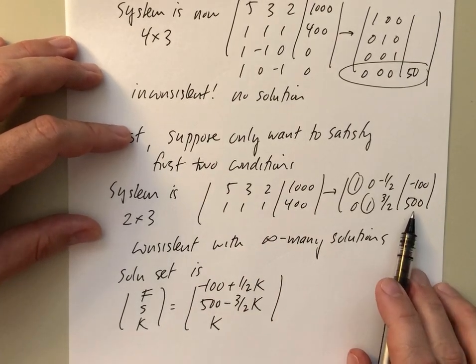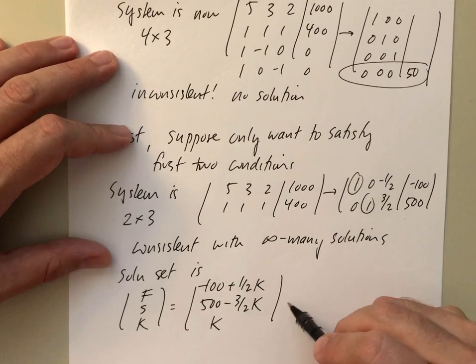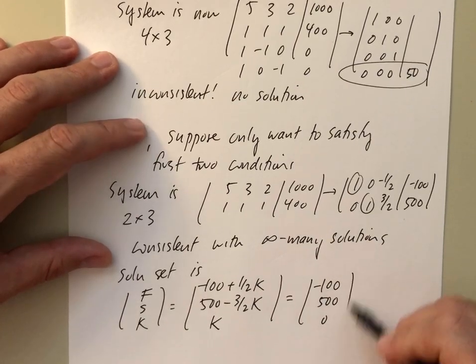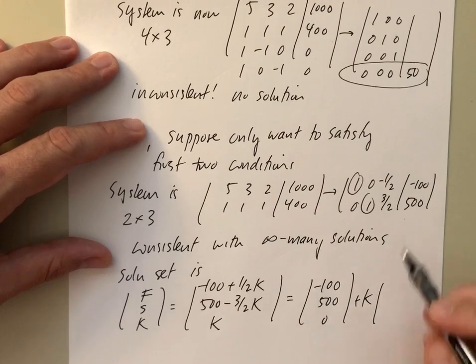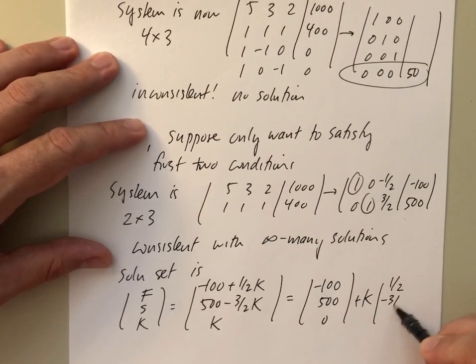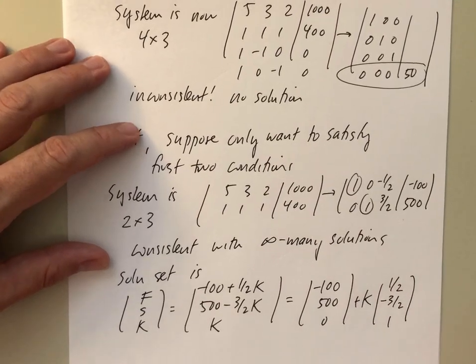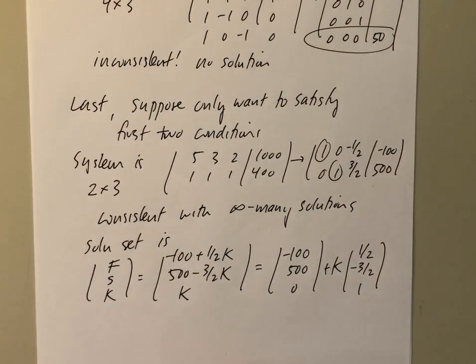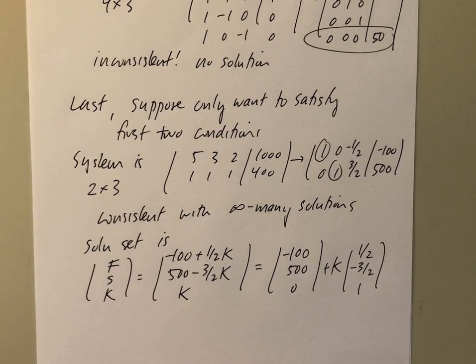I'm just using these to solve for the pivot variables. And what is this? This is minus 100, 500, 0 plus K times 1 half, minus 3 halves, 1. And so you now have a kind of geometric description of all possible forks, spoons, knives that satisfy this.